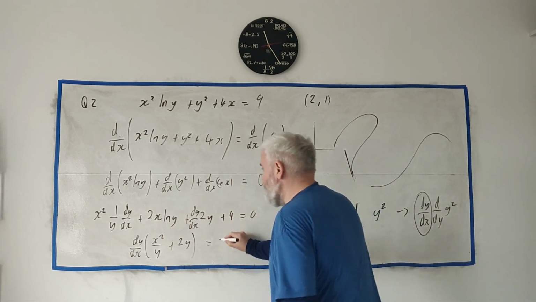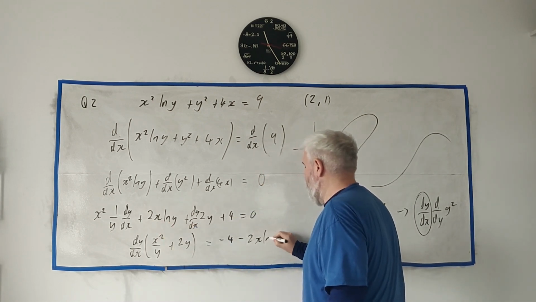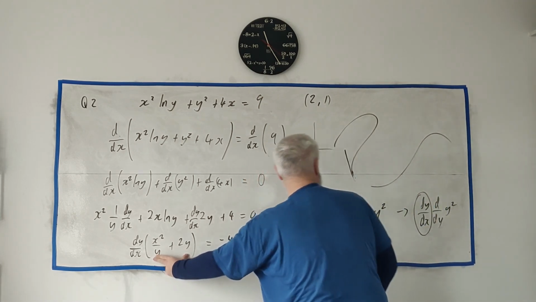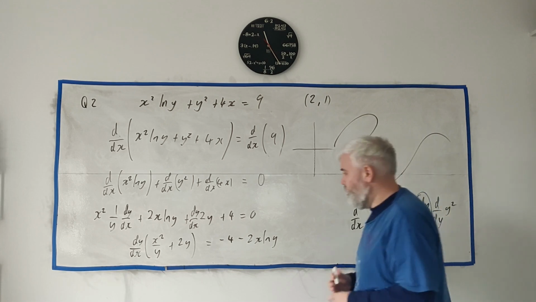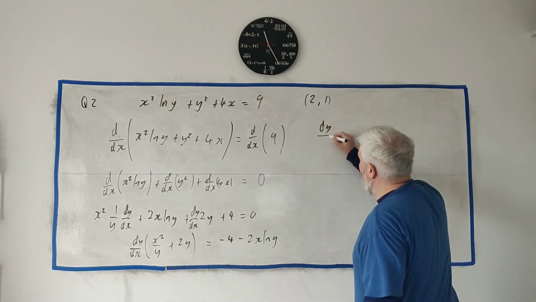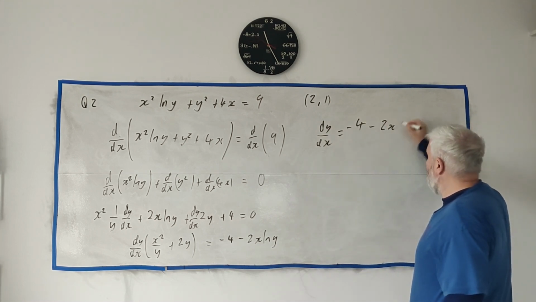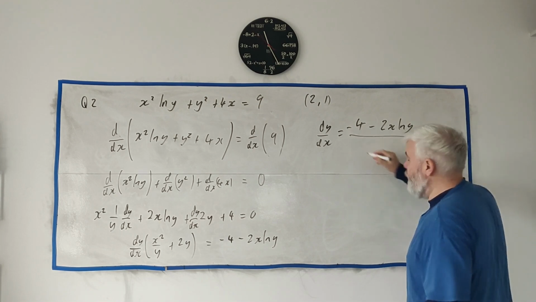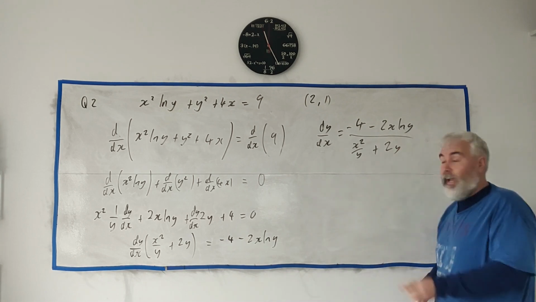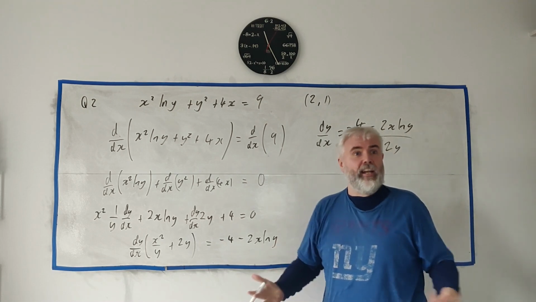The rest of them, we have a minus 4 here, and this guy here, minus 2x natural log y. Let's just divide both sides by this. Let me clear a bit of room first. So just moving this bracket over underneath this one, we'd get dy dx is equal to minus 4 minus 2x natural log of y divided by x squared over y plus 2y. And that's the gradient at any point you want.